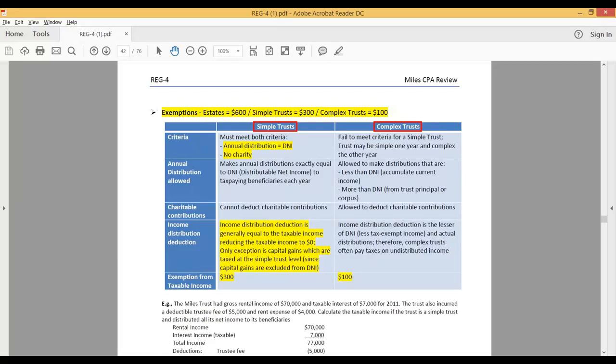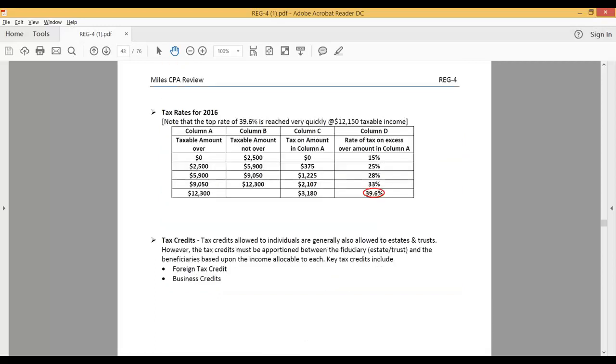Because the simple trust is pretty much distributing whatever it earns to the beneficiary, and therefore the beneficiary is going to pay taxes on his individual tax return, because whatever is reported in his K1 would go on his tax return. Whereas a complex trust would file a tax return because it's not distributing all of its income.